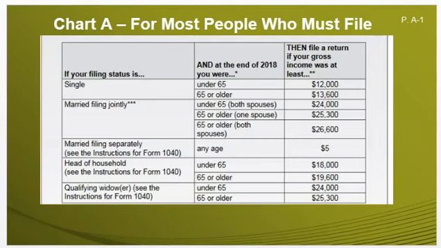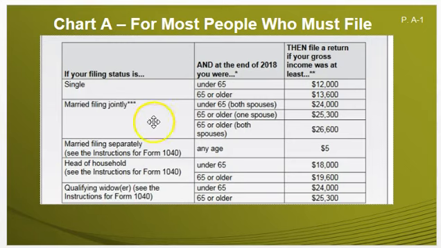So we said, as we were looking at the beginning slides, that age, filing status, and income are three things that determine if somebody must file. On page A1, there is a chart for most people who must file, and it addresses age, filing status, and income. It addresses those three pieces. So let's say we've got a filing status of single, and there are 5 filing statuses, and those 5 filing statuses are specific to people who fall in certain categories.